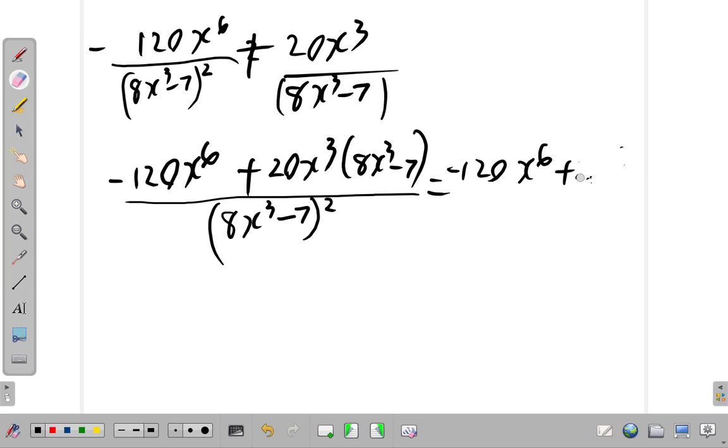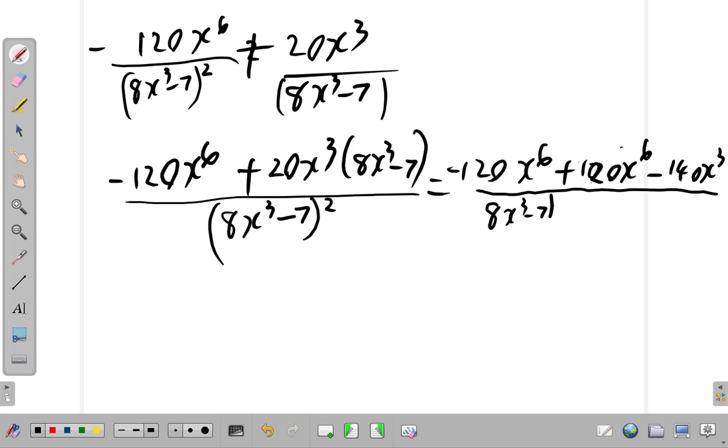If we multiply out the brackets, what do we get? We get negative 120x to the 6 plus 160x to the 6 minus 140x cubed, and that will be all over 8x cubed minus 7 times 8x cubed minus 7.